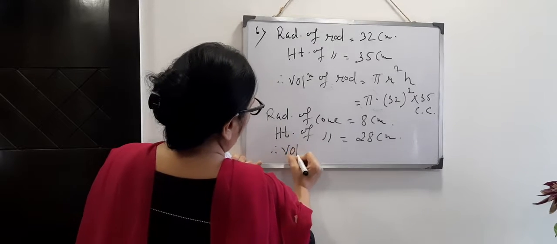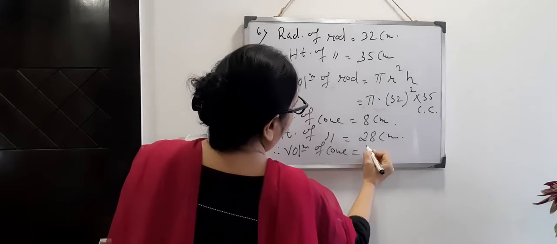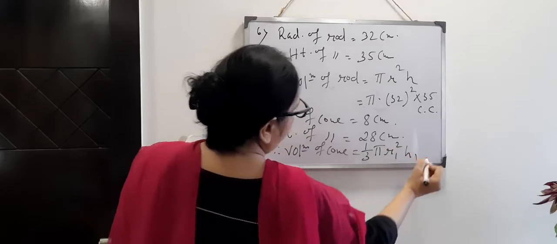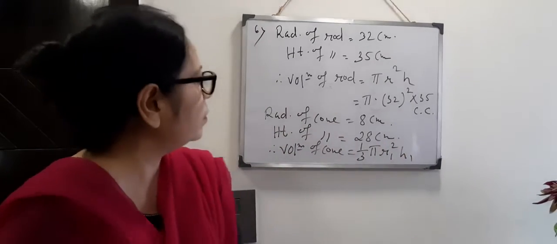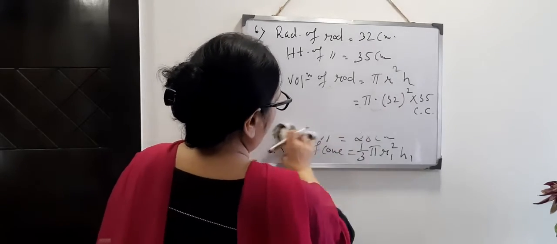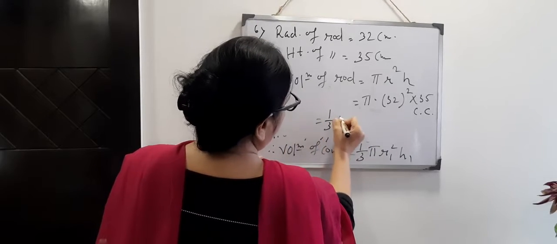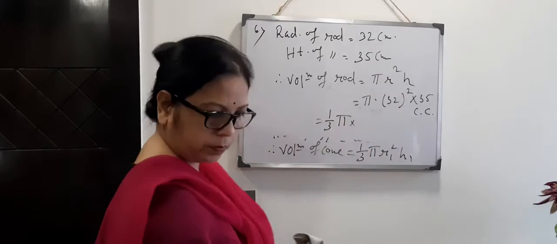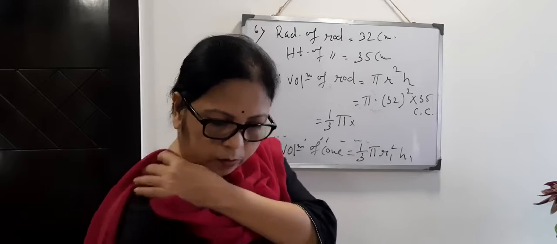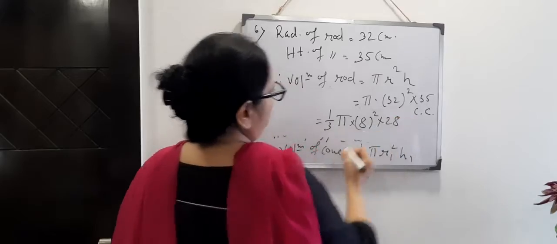So what is the volume of cone? Formula is 1 by 3 pi r1 square h1, equals 1 by 3 pi, r1 is 8 and 28. 8 square into 28.